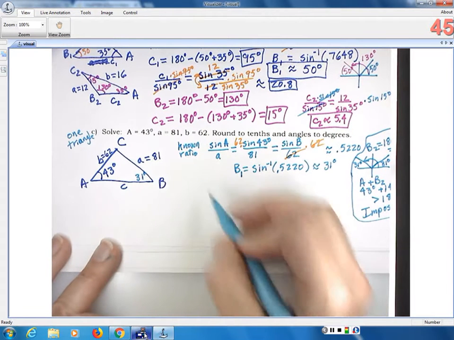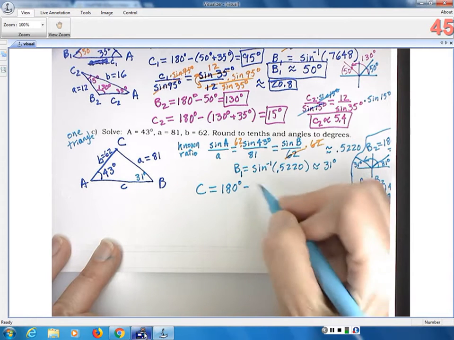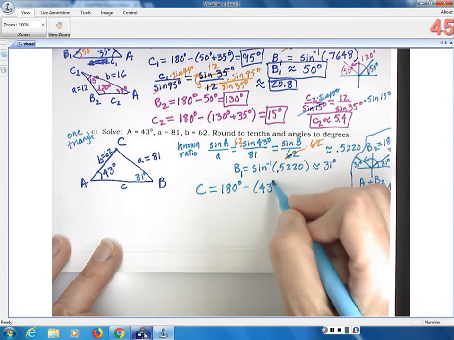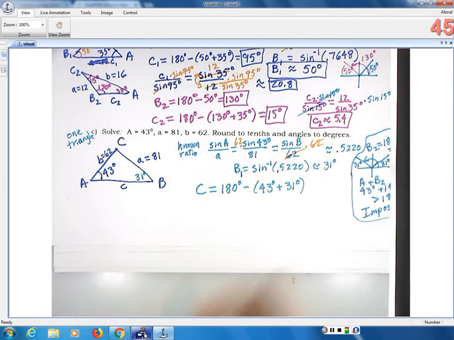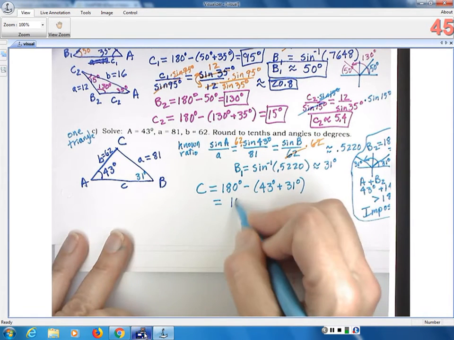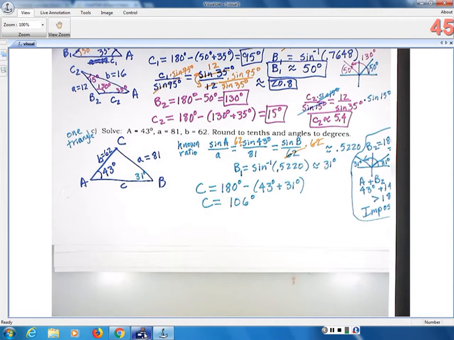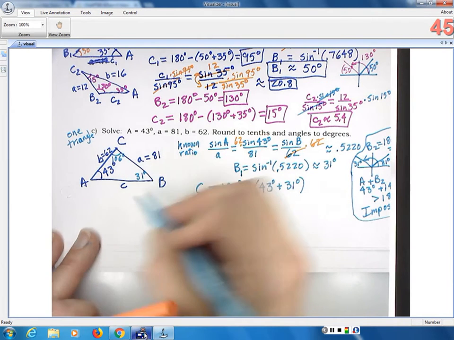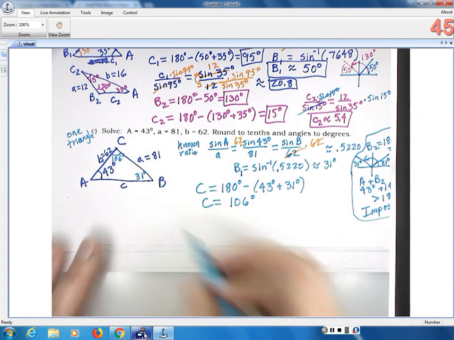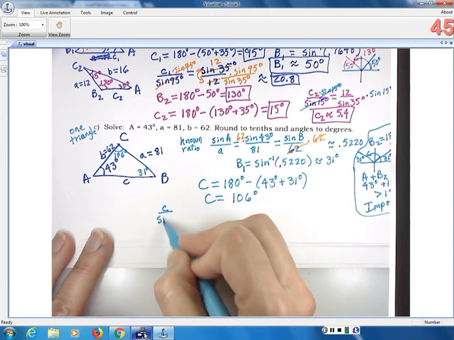We can find C by taking 180 minus 43 plus 31, and that is 106.